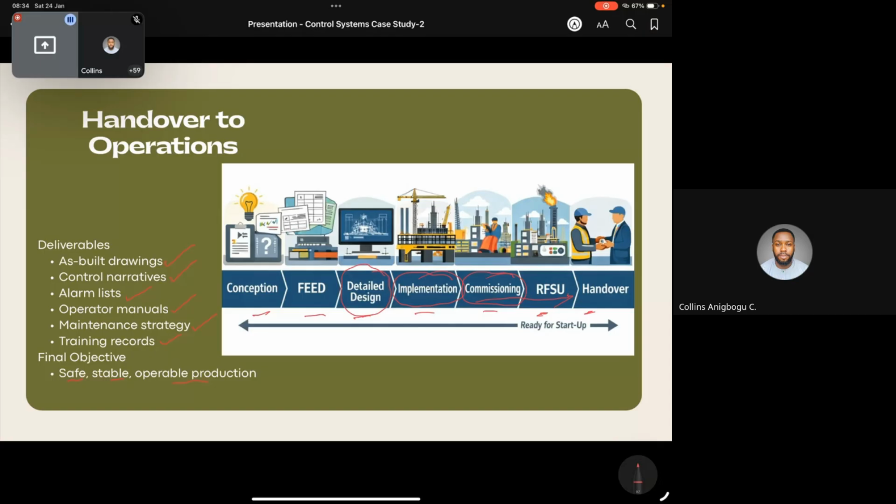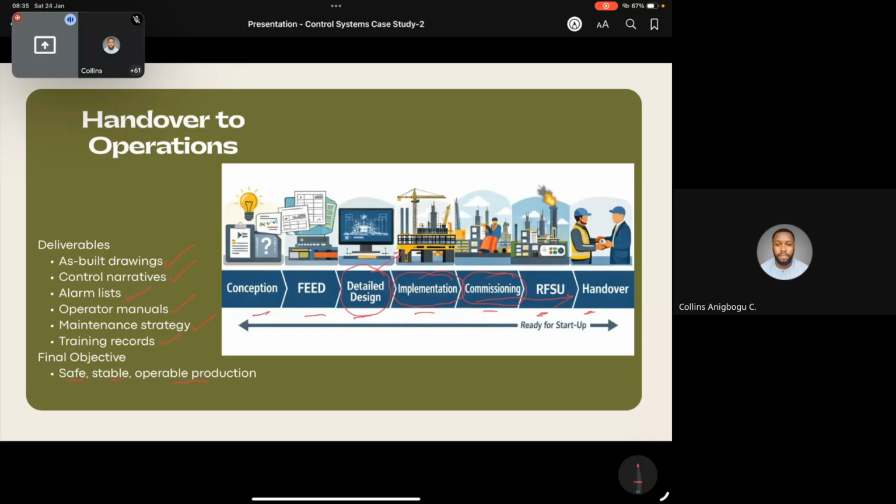And under detailed design, you have different people. You have instrument designers, the people that look at the instrument sizing. Instrument sizing is not a small job. It's a very intellectually tasking job, right? There are control systems engineers, people that will select the control strategies, do all the calculations, model the flow, model the logic, and all of those things, right?